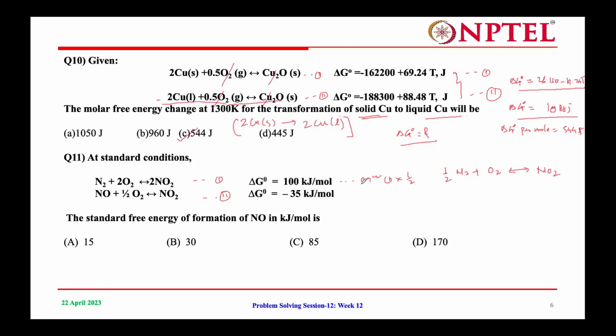And in reaction 2, exchange the reactant and product with each other, so NO2 gives NO plus 1 by 2 O2. Now this is the formation of NO, right?